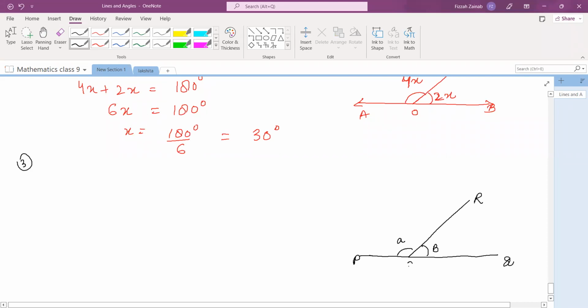This is O. Now, obviously, it is given that PQ is a line, or I can say that these two form a linear pair. It's small b, not capital B. Also given that A minus b is 80 degrees. Now you have to find the value of A and b.